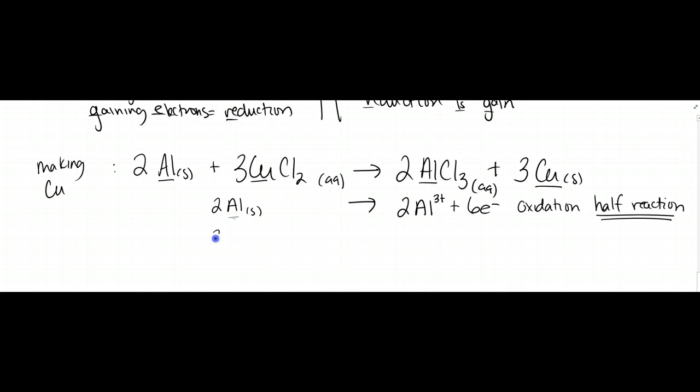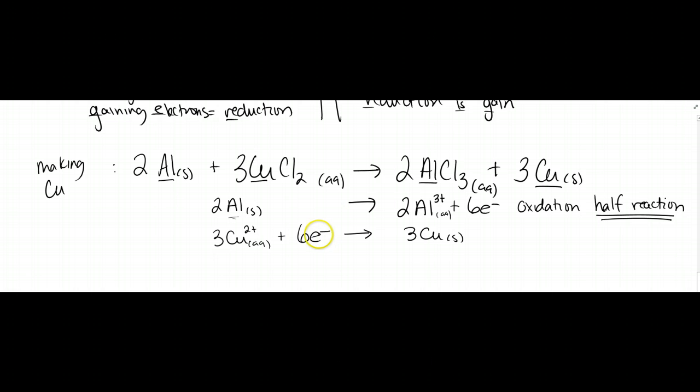Then we look at the copper. We had 3 copper 2+. Remember, it's in an ionic compound, so we can figure out its charge. And it became solid copper, which no longer has a charge. It's a charge of 0. So in order to take these 3 coppers, which each had a 2+, and make 3 coppers that were neutral, they each had to gain 2 electrons. That makes a total of 6 electrons.